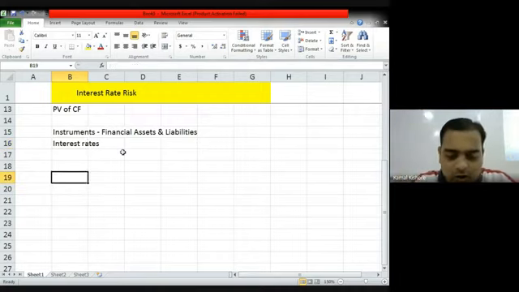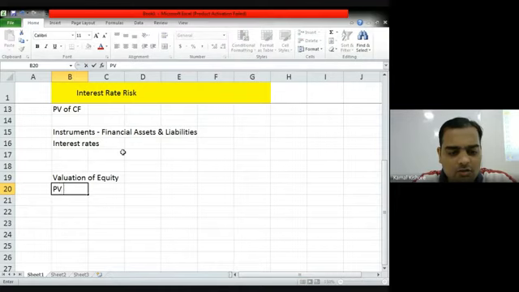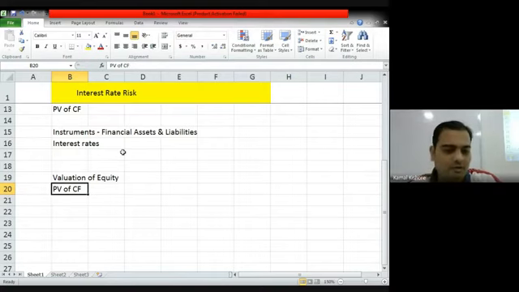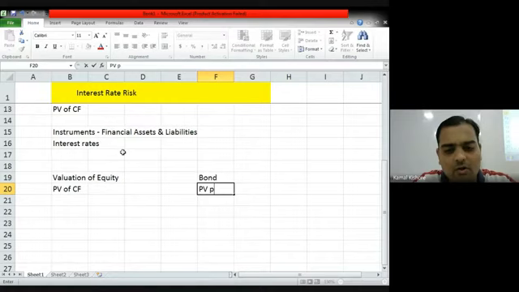For example, the valuation of equity is again the present value of all the cash flows that equity will have, whatever cash flow that company is going to earn. Valuation of a bond is the present value of all the cash flows associated with the bond.